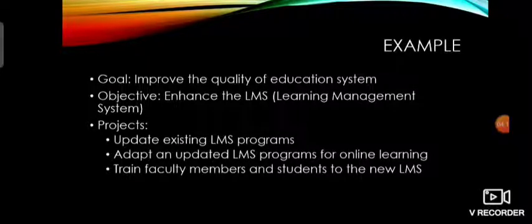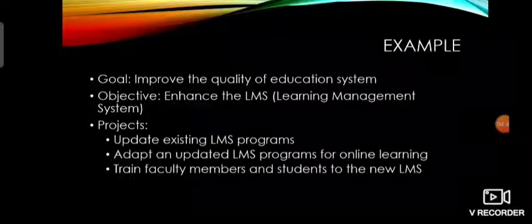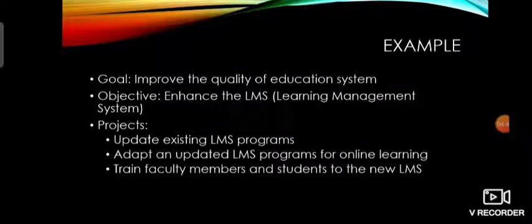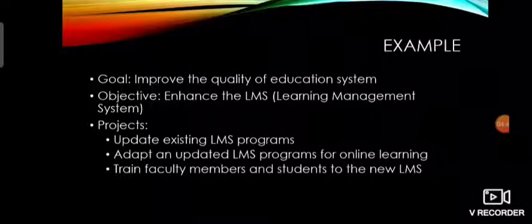And of course, we need to be trained. First of all, there were a series of webinars that we attended before we rolled out the Canvas program. All right, so train faculty members and students on the new LMS. Right, so that could be an example of a matrix that we could use. All right, but later on we'll be talking about it more.